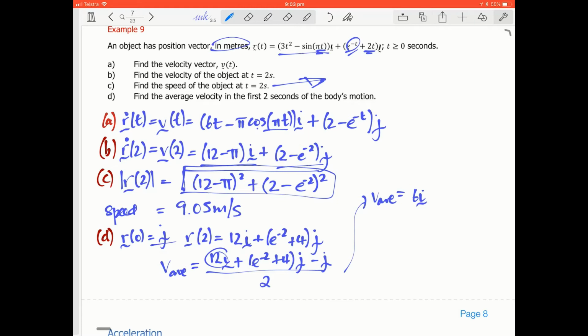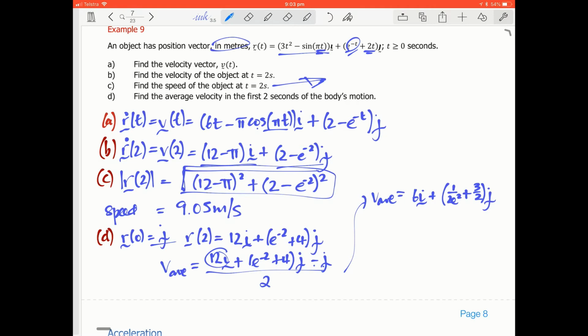Then I have e to the negative 2 plus 4 minus 1, so I'm going to say plus 1 on 2 e to the negative 2 plus 3 on 2 j.